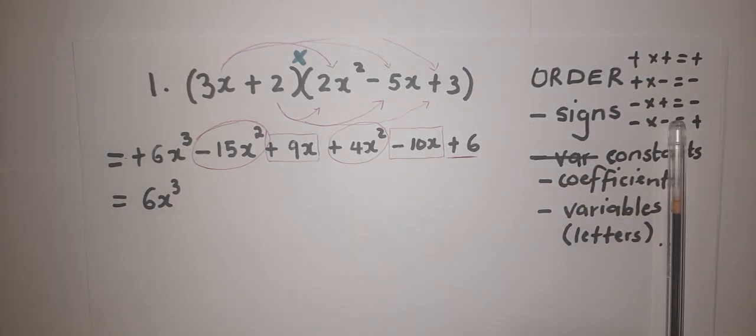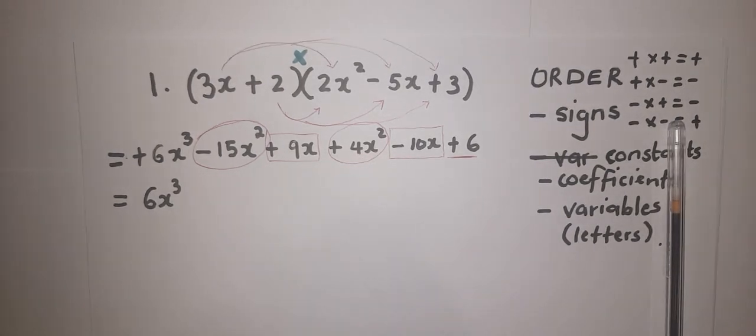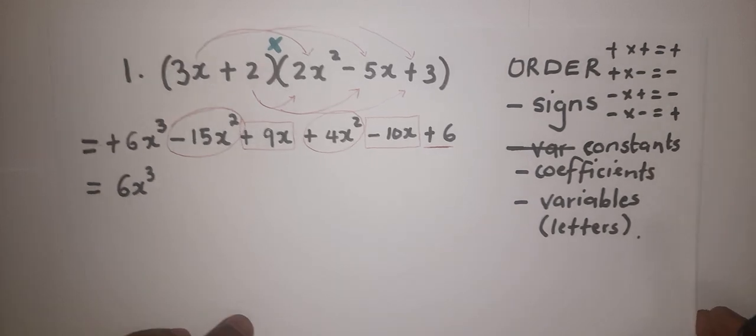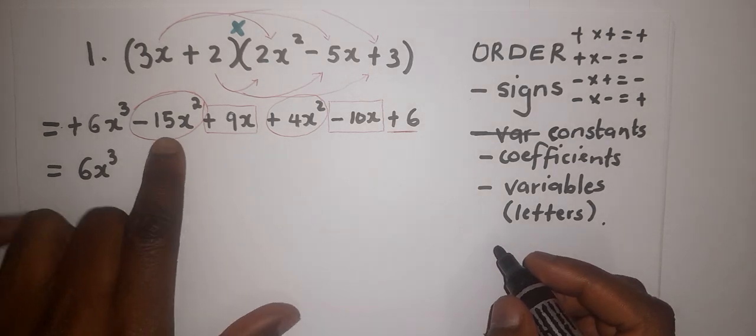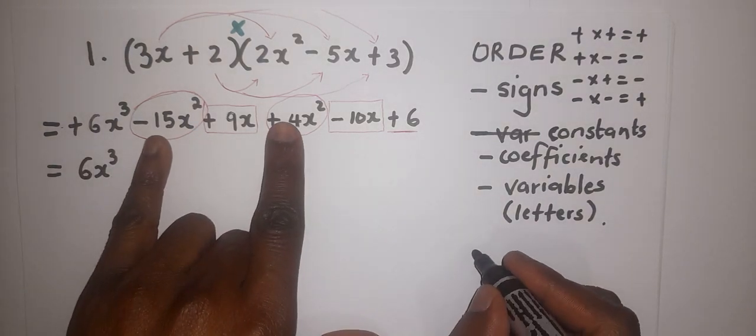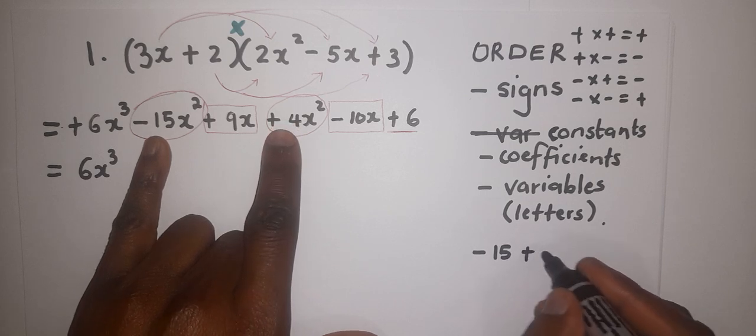Right, after collecting my like terms, I see that I have a negative 15 and a positive 4. So how one can easily understand this is to say, I'm looking at the two like terms. The first one is a negative 15, the second one is a positive 4.